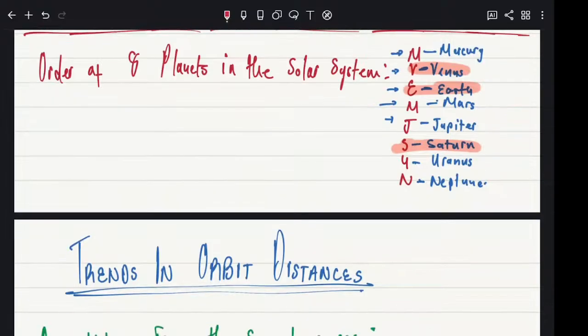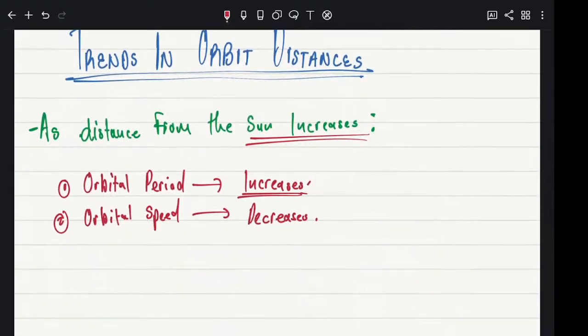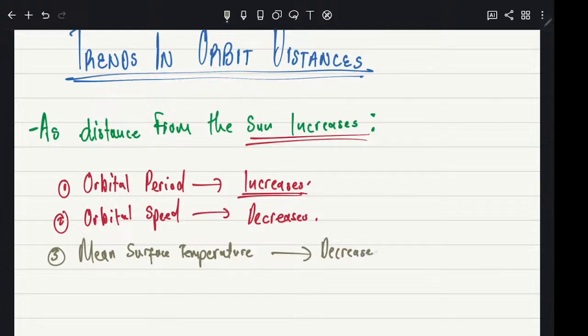Okay. What about the temperature of the surface, where let's say you would stay there? What about the mean surface temperature, the average temperature of this planet? What happens here? I want you to say it decreases. So you're going to see it decreases, except Venus.